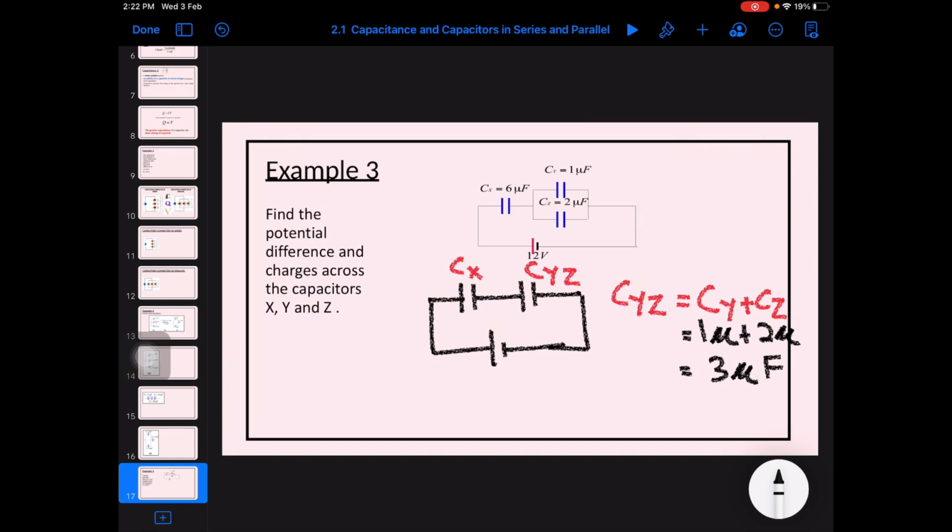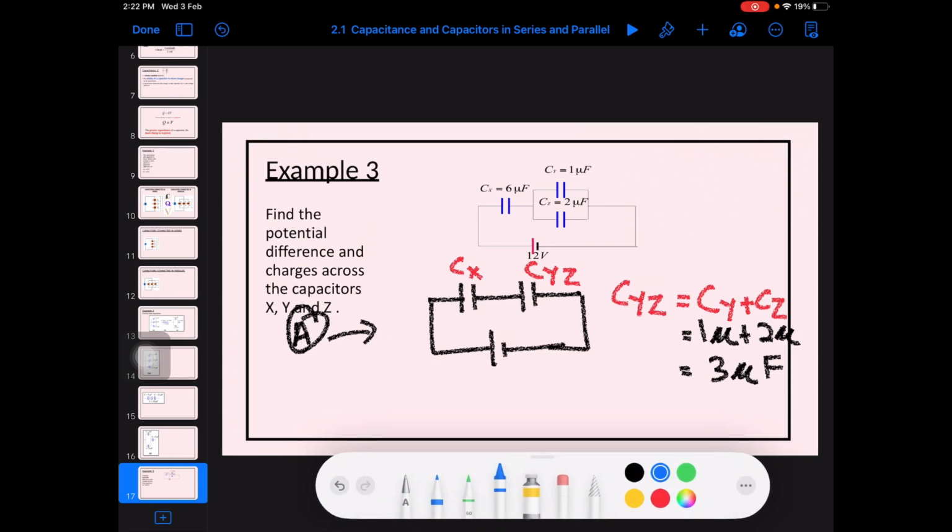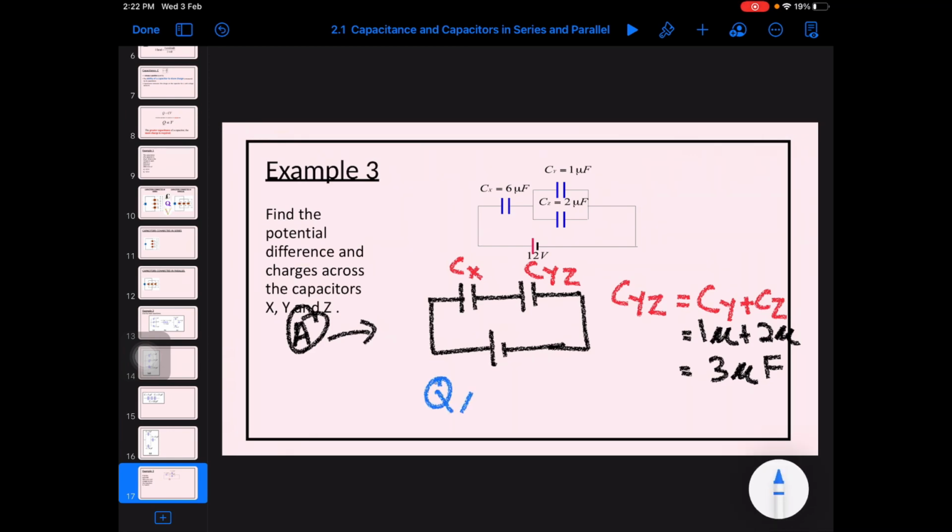Now Cx and CYZ are connected in series. So at circuit A, what can we write is Qx equals Qyz, equals Q total.